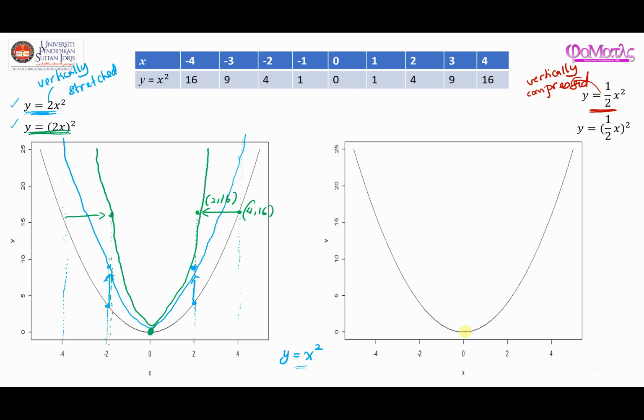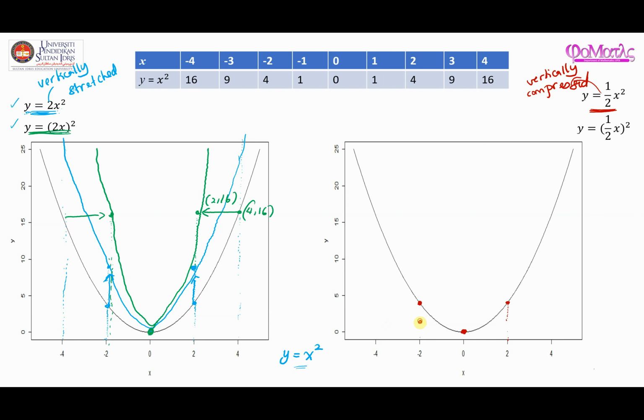Again, when x is 0, y is also 0. Now when x is 2, the original value is at 4. Negative 2, the original value is at 4. But now for this function, it will be compressed to a different value, which is 4 over 2, which is 2.